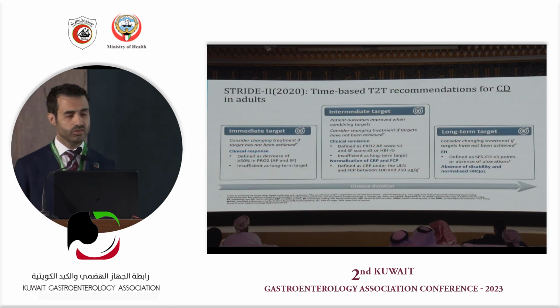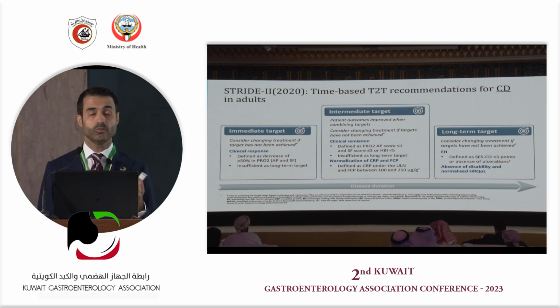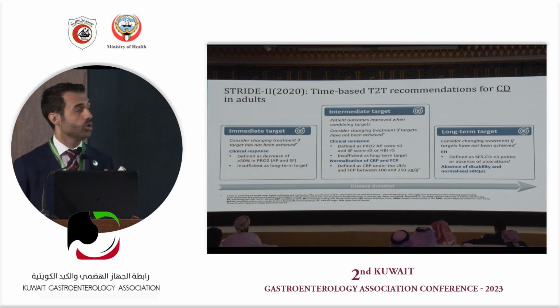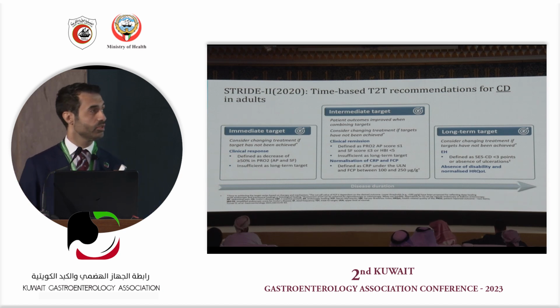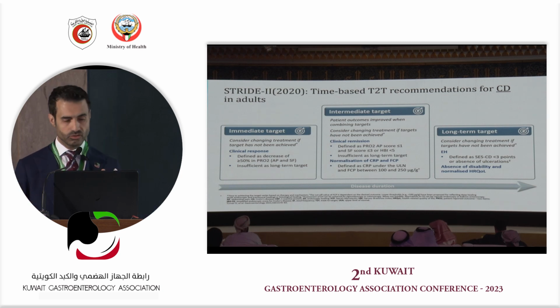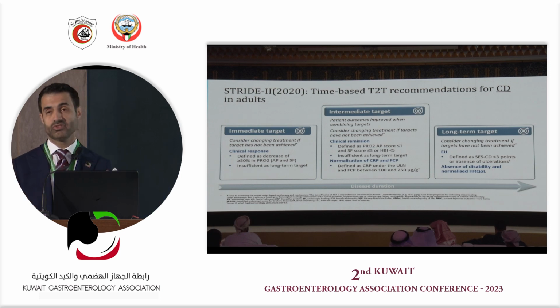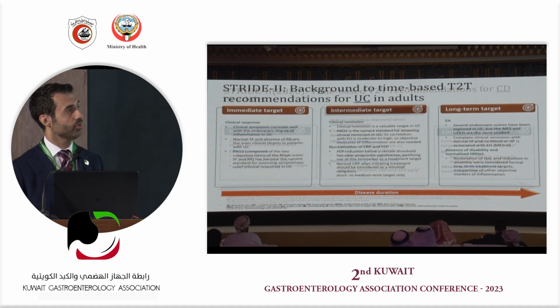And then in 2020, STRIDE 2 came with intermediate targets and long-term targets. The intermediate target was defined as a decrease of more than 50% in the patient-reported outcomes, abdominal pain and stool frequency. The long-term target was the definition of endoscopic healing, an SES-CD score less than 3 for Crohn's disease, and absence of disability and improved quality of life.